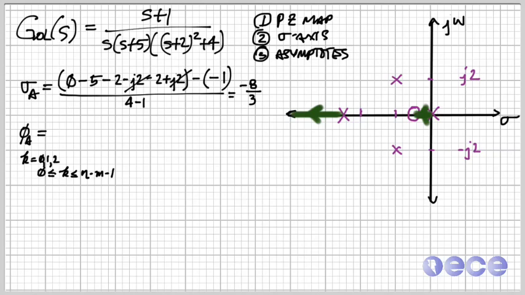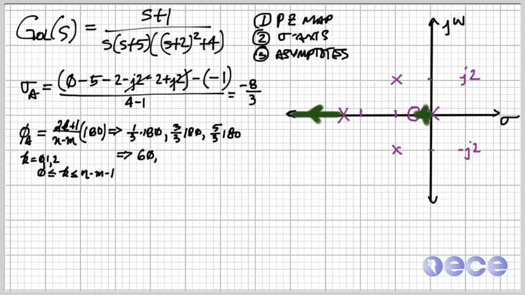So phi A again is (2k plus 1) over (n minus m), times 180 degrees. For k equals 0, this gives us phi A of 1/3 times 180. Then k equals 1 gives us 3/3 times 180, and k equals 2 is 5/3 times 180. So these values again are 60, 180, and 300.